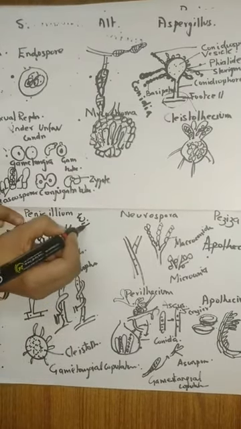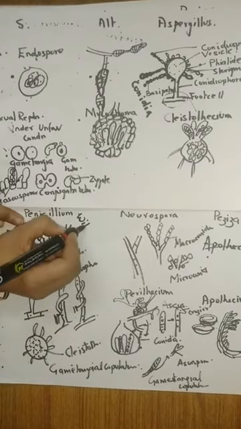And sexual reproduction for Saccharomyces is very simple, and you may be surprised to know that sexual reproduction of Saccharomyces happens only when the conditions are unfavorable, but generally it undergoes vegetative and asexual reproduction.